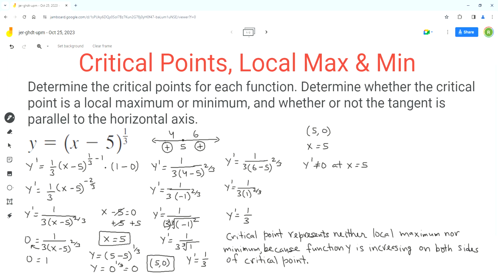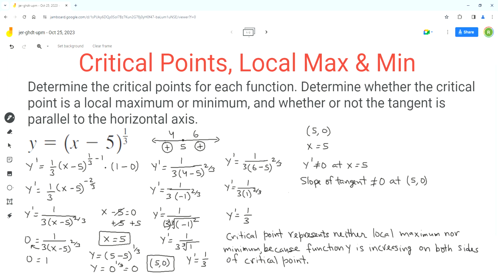So now tangent is horizontal if the derivative of the function is equal to 0. So there is a very important concept we need to understand and memorize. So therefore, slope of tangent is not equal to 0 at 5, 0, the critical point.